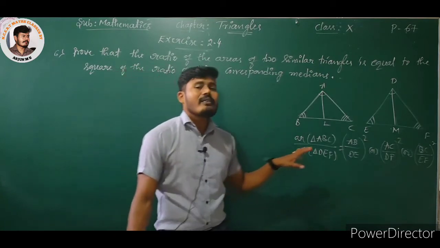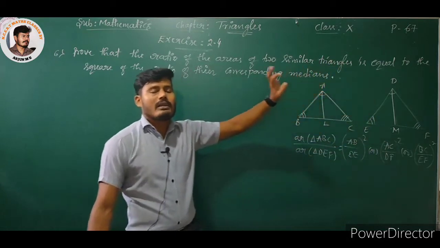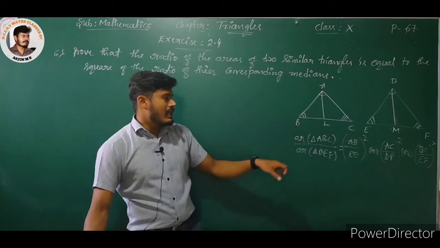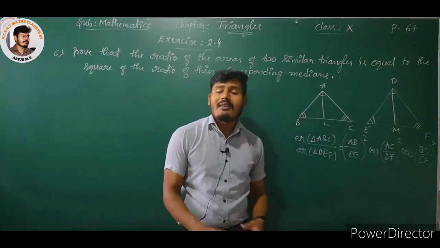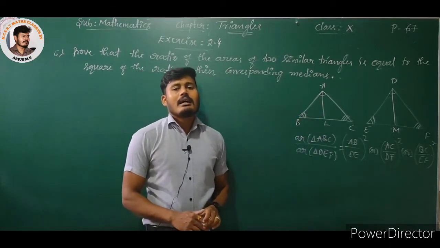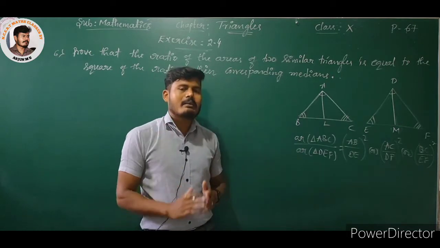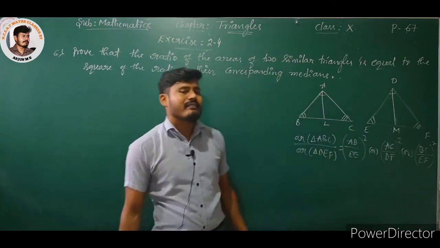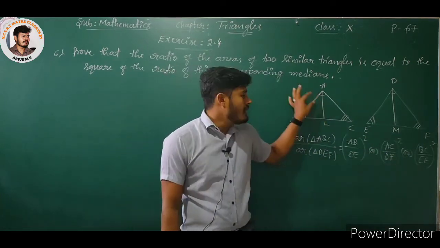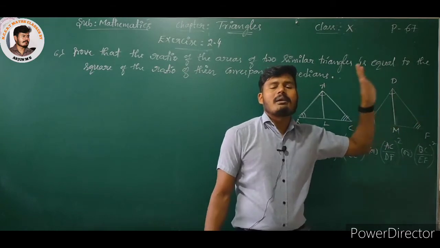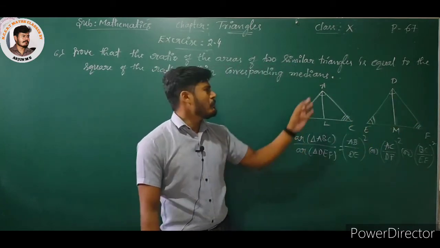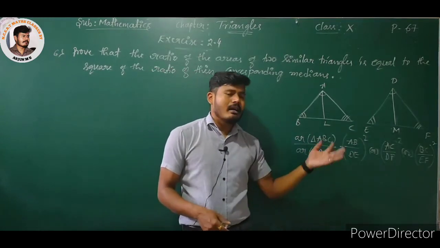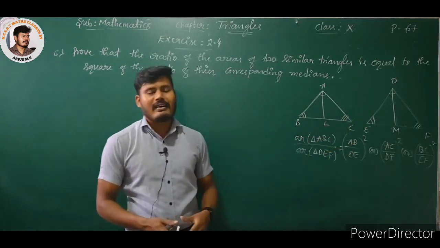But in place of the ratio of the square of their corresponding sides, we should prove the ratio of the square of their medians. What does that mean? In place of AB by DE or AC by DF or BC by EF, what should we get? We should get AL by DM. How can we prove AL by DM in place of AB by DE or AC by DF or BC by EF?